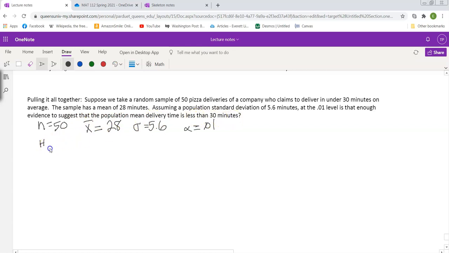So, first step, we set up our hypotheses. Our alternative hypothesis is that mu is less than 30 minutes, because that's what we're looking to show, and our null hypothesis is that mu equals 30.